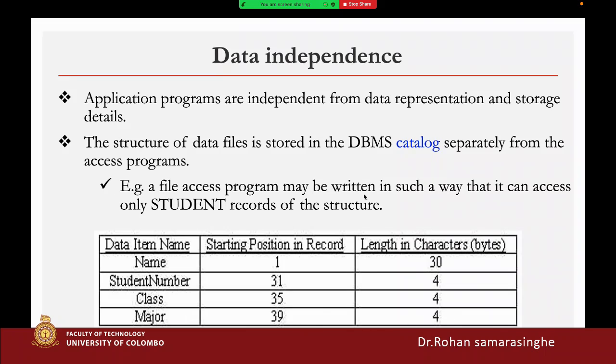Likewise, the file access program may be written in such a way that it can access only the student record of this structure. So normally we have to give the type as well as the length while we are designing the database.